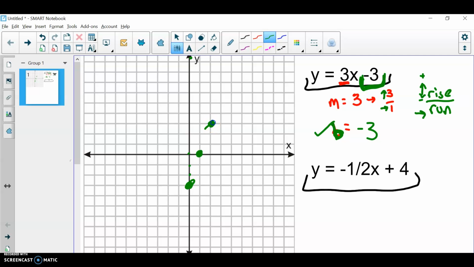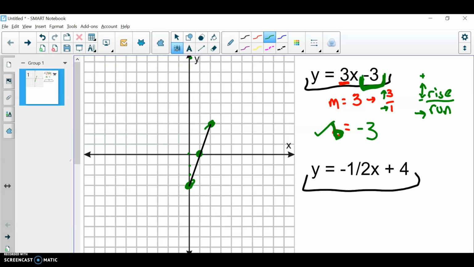And if you counted correctly and you have the right intercept, you should have a completely straight line going through all the points that you created. If it is not straight, you did something incorrectly. If your line is straight, then everything should be good.